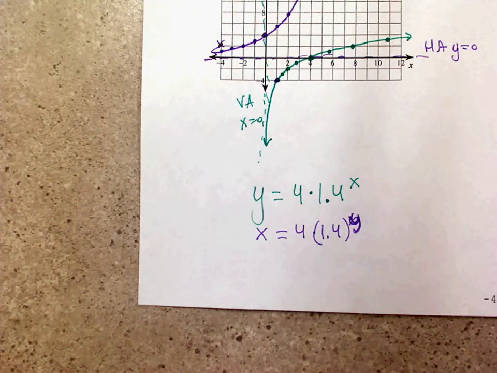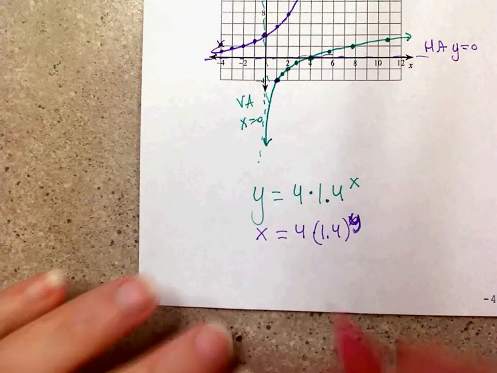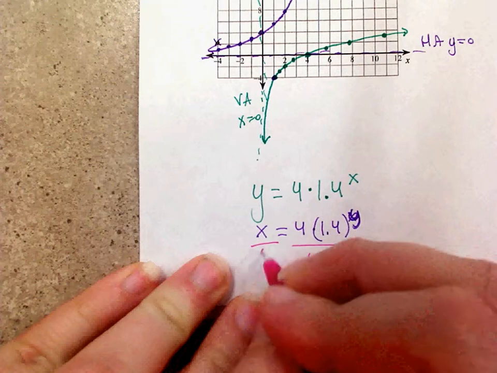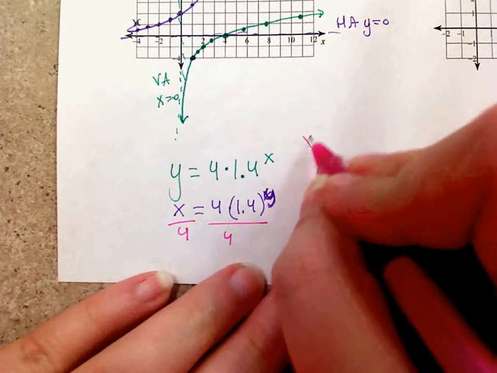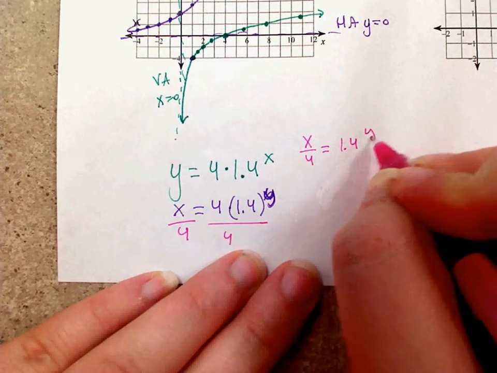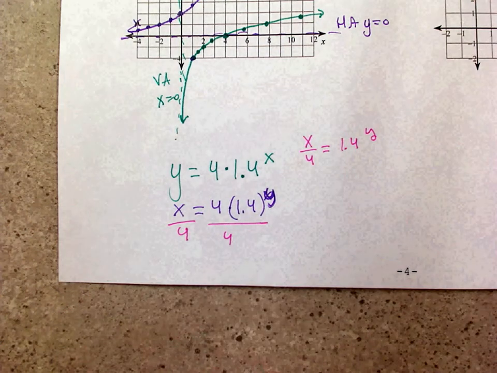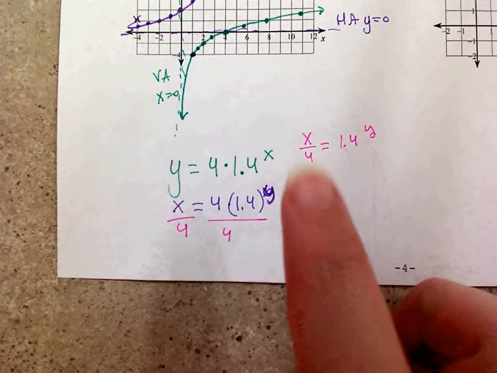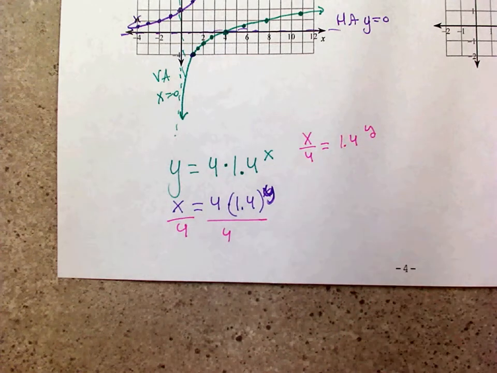How do you get rid of the 4? Alright, so let's divide by 4. So x divided by 4 is 1.4 to the y. You have an exponential equals another expression. How could you get the exponent out? Log form? You want to throw a log in there, or you want to take the log form? Let's just put it in log form, right?